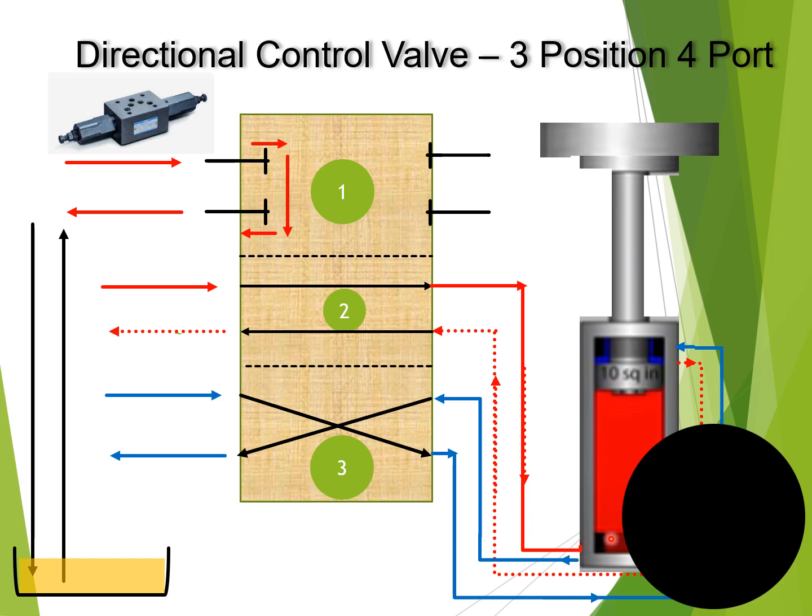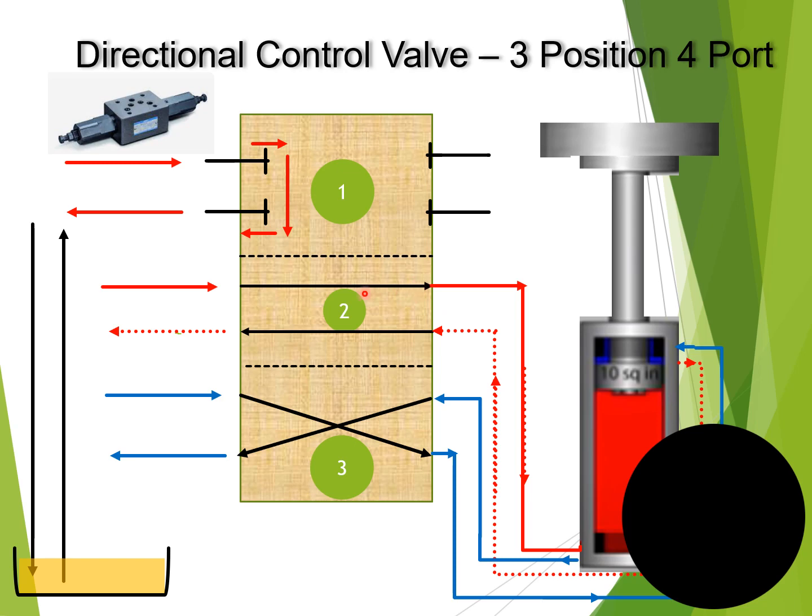Now here the fluid energy is getting converted into mechanical energy. It is lifting the ram or the piston up and doing the mechanical work. The piston, while going up, pushes the hydraulic oil out, which is shown with the dotted red line.